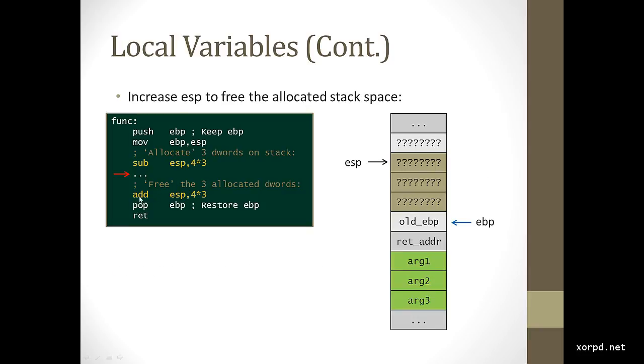Before we return from the function, we have some arrangements to do. First, we free the 3 allocated dwords. This is going to be done just by increasing ESP. Whenever we want to free allocated stack space, we just have to increase ESP by the correct amount of bytes.